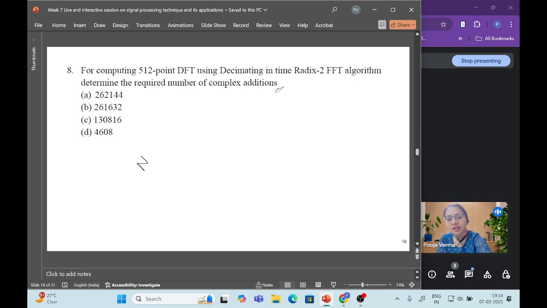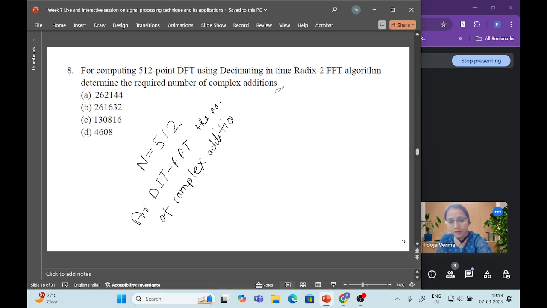So here N is equal to 512, given. For DIT FFT, the number of complex additions is equal to, we know, N log base 2 N.